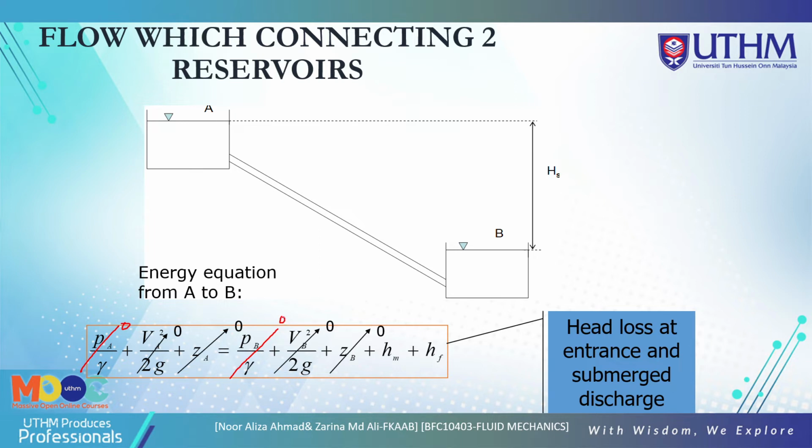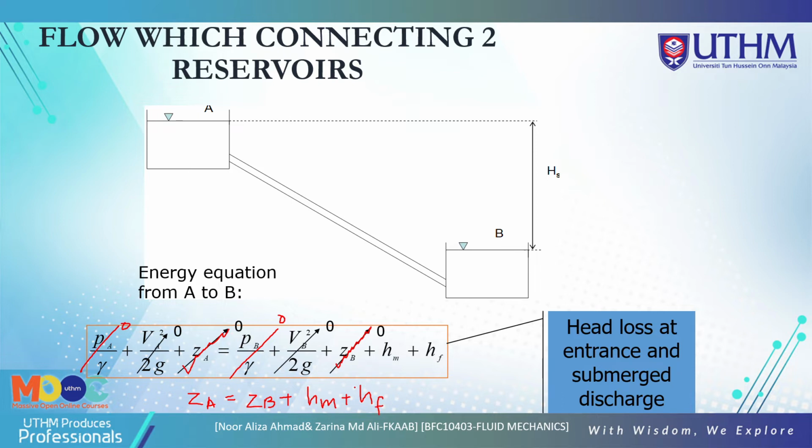There is a mistake here: VA is zero and ZA has a value. It is a typo, meaning the arrow in my formula has shifted. So they just have ZA, ZB plus HM plus HF.